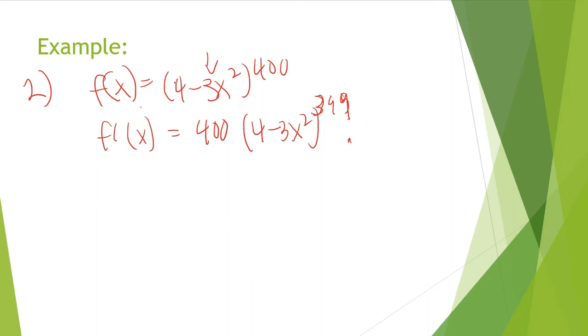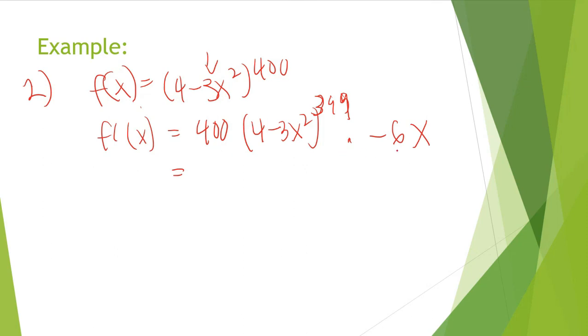So, the derivative of 4 is 0. Wag na natin isulat. And then, yung derivative of negative 3x squared is negative 3 times 2. We have negative 6. And then, x squared, yung 2 minus 1 is 1. So, we have negative 6x raised to the 1 power or x na lang. And then, we simplify combining terms.